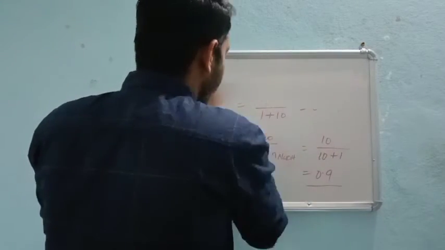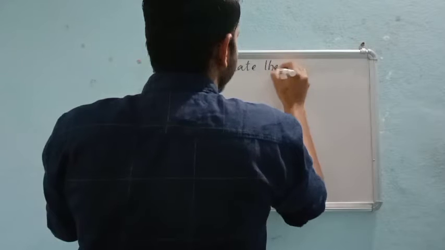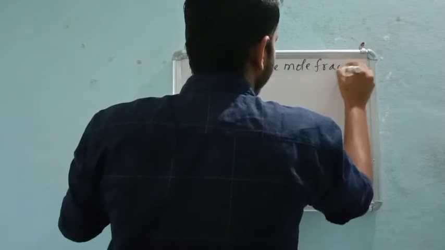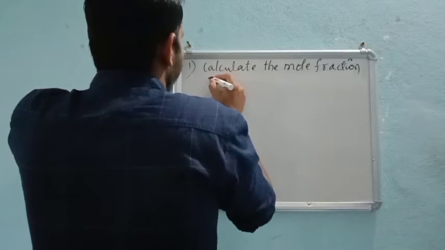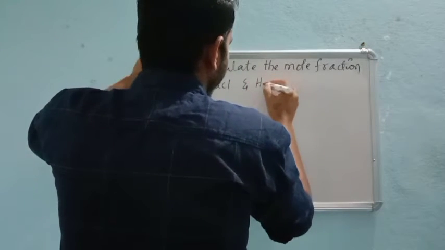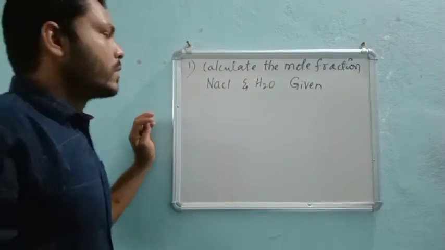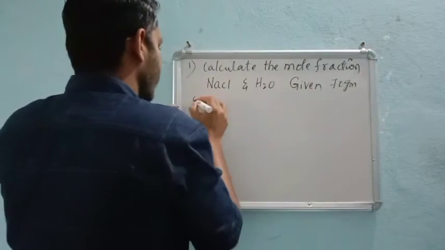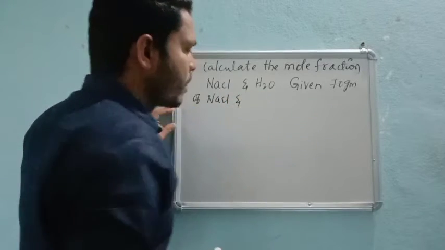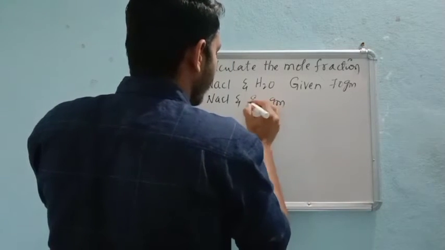Number 2: calculate the mole fraction of NaCl and H2O, that is water, given 70 gram of NaCl and 18 gram of H2O.